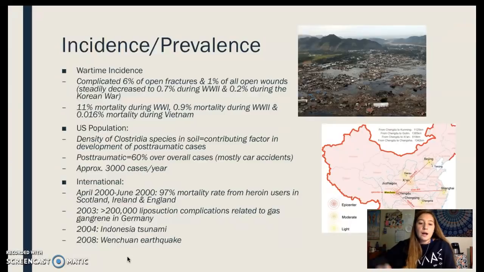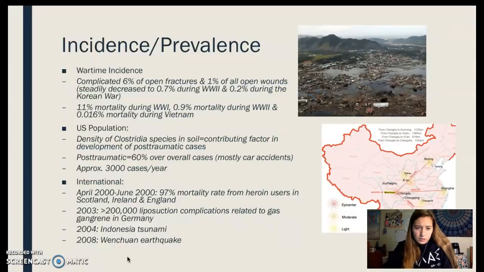And then internationally, after natural disasters, there's high incidence. In 2004 and 2008, after the Indonesia tsunami and the Wenchuan earthquake, there were people floating around in contaminated water, people with open wounds walking around looking for help, getting infected. So there were high case numbers there.